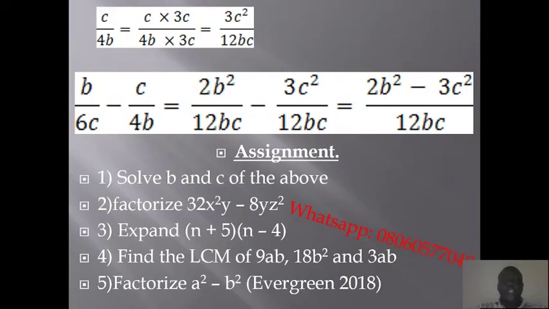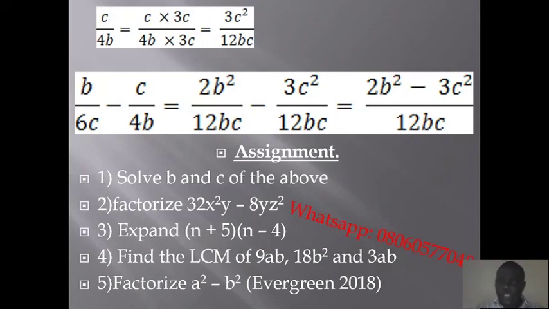Anytime you have fractions whose denominators are the same, you concentrate on the numerators and put only one denominator there. So in the next step you see only one denominator, which is 12bc. Then the numerators subtract based on the operation between them.